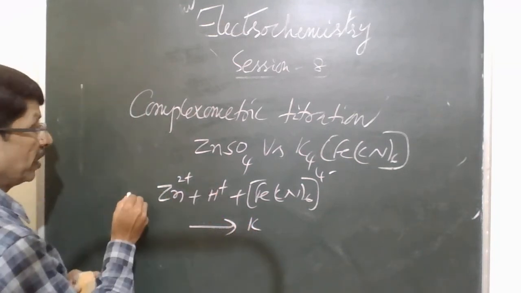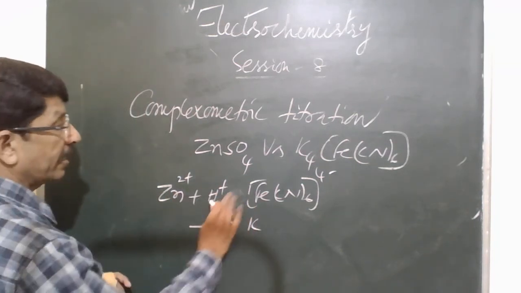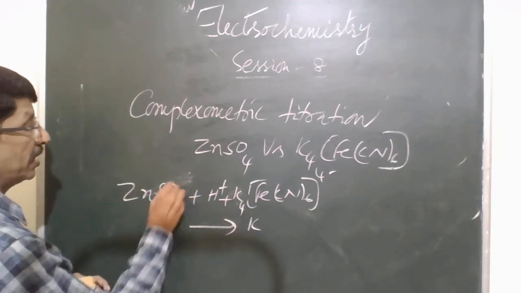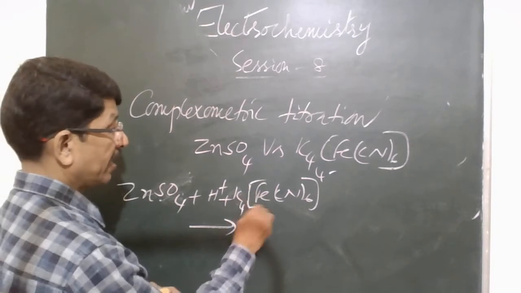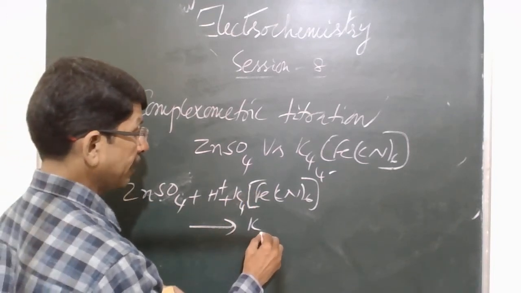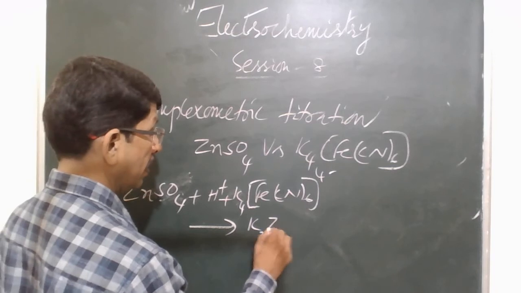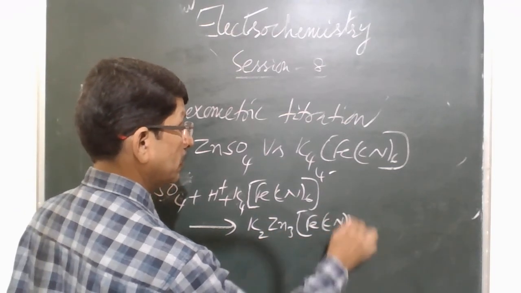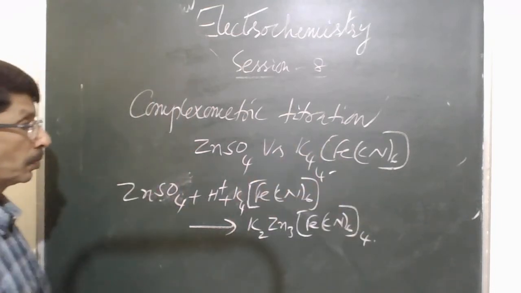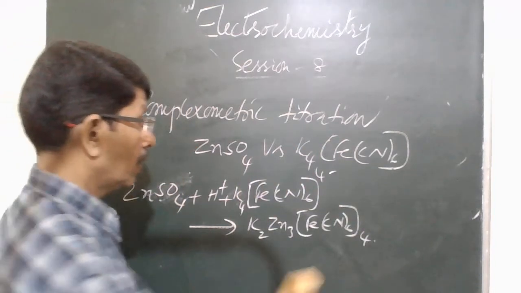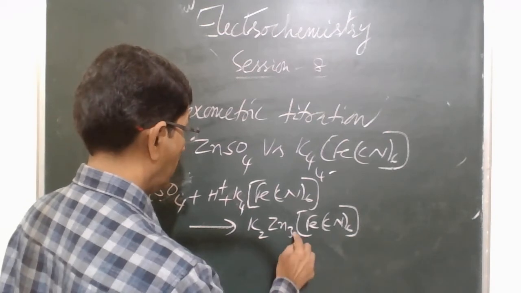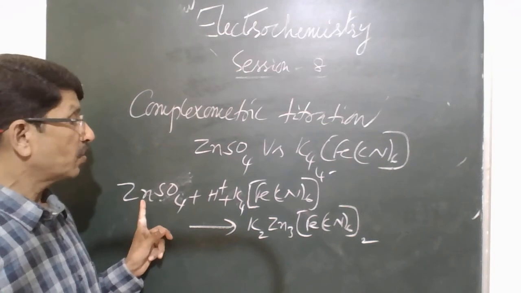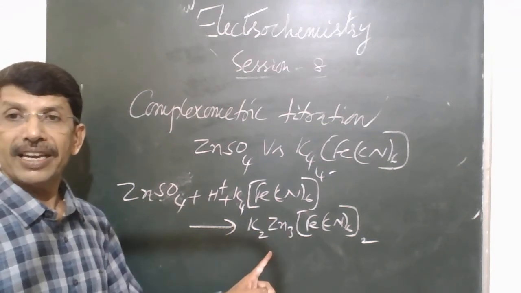We have potassium ions here, I can write it as K4, and zinc ions can be taken in the form of zinc sulfate. So zinc sulfate reacts with potassium ferrocyanide, forming this reaction. This is the reaction taking place, zinc ions and potassium ferrocyanide ions.